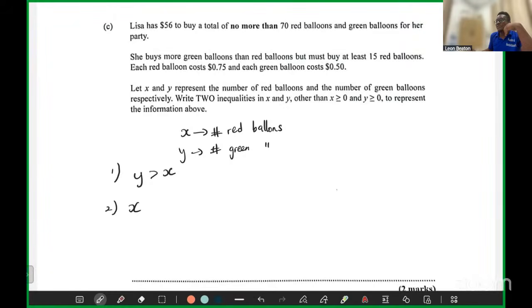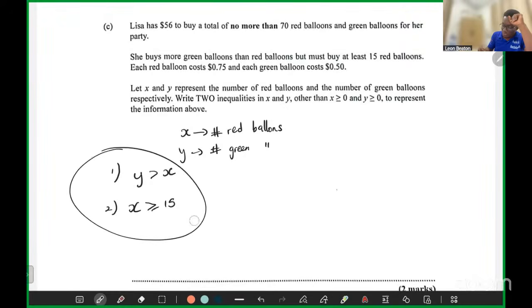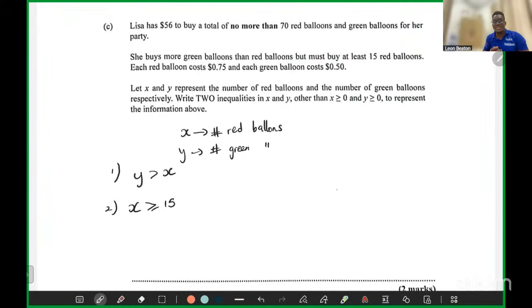So at least 15 red balloons would be 15 and more red balloons. So X has to be greater than or equal to 15. So that's another one we can come up with. These are the 2 easy ones you can go with, and then you can go along with your day. But if you want to be complicated and show that you're brilliant, you can also have these here as well.